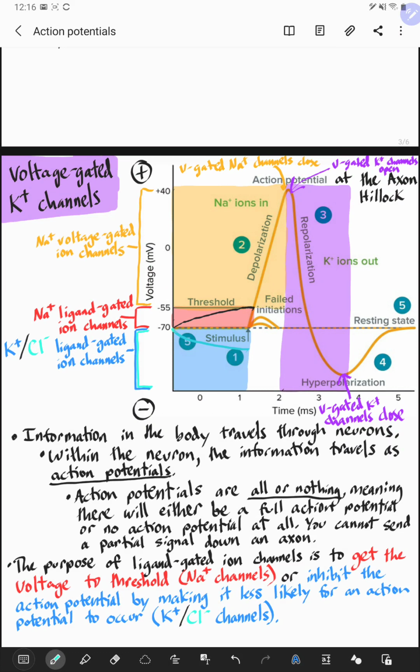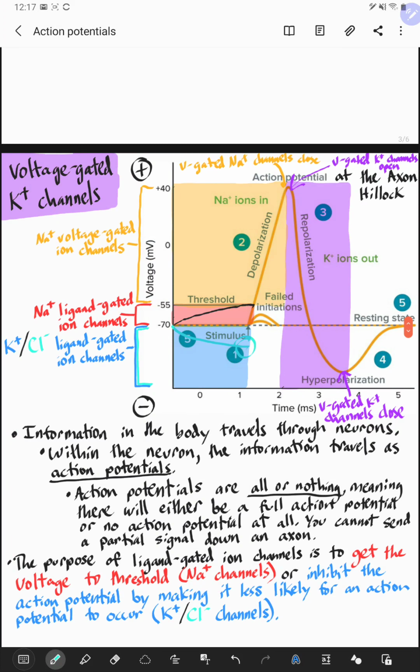And we just showed that we are now further from threshold. And that means we didn't get to threshold. We ended right here. We are not at threshold. We have to be up here to be at threshold. So since we did not get to threshold, an action potential is not going to occur.